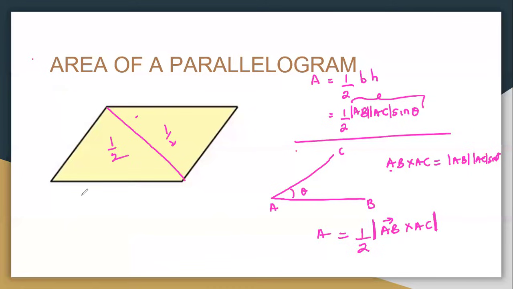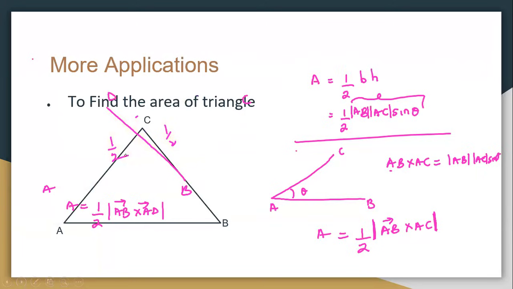So you can say that the area of a triangle is half that of the parallelogram. So for a parallelogram, remember we had A, B, and this was, I think, D, and this was C. You can as well say this is half the magnitude of AB cross AD. That one can as well work, in case you have used that approach. But don't forget, go back and check. I don't know whether I forgot, but it must be in magnitude. You shouldn't remain with a vector.